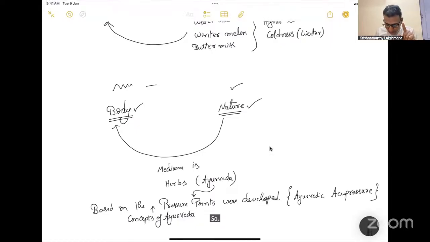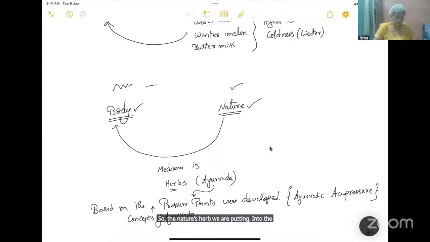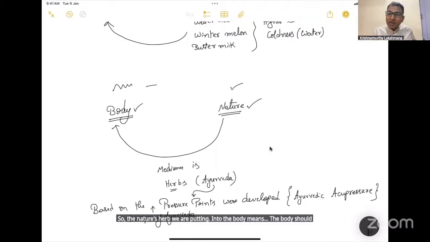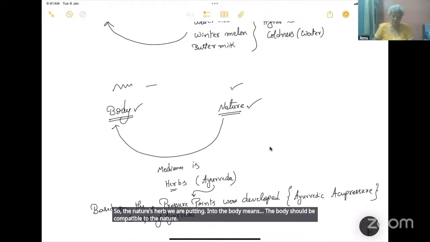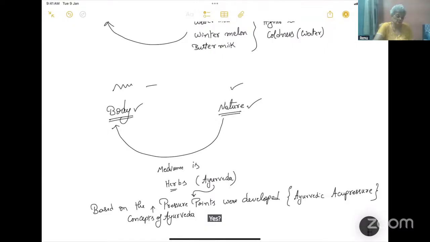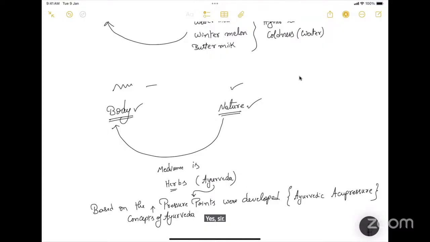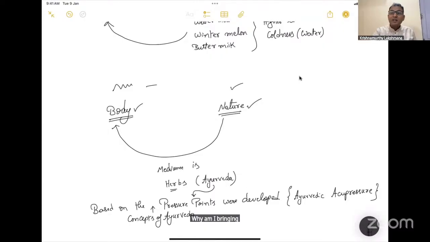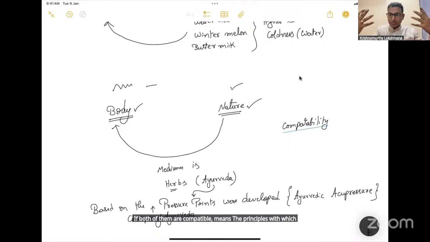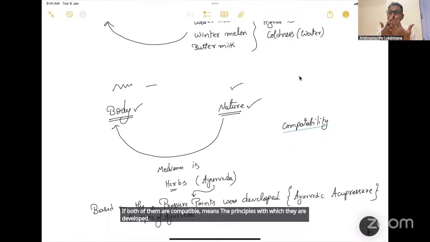So if we put nature's herb into the body, the body should be compatible with nature. Why am I bringing this point? There should be compatibility. If both are compatible, it means the principles with which they are developed have some resemblance.